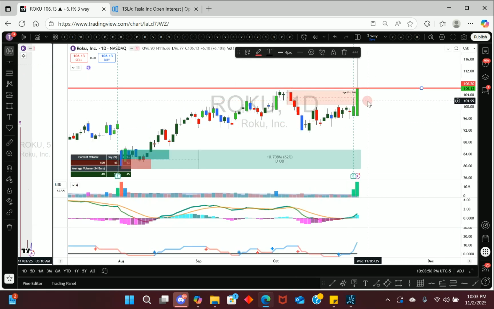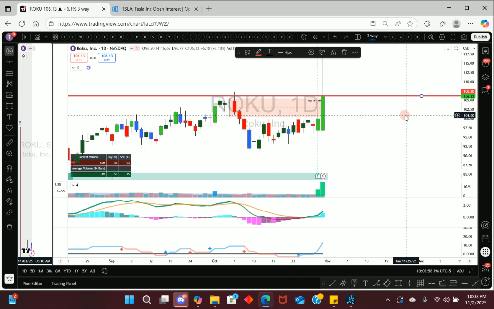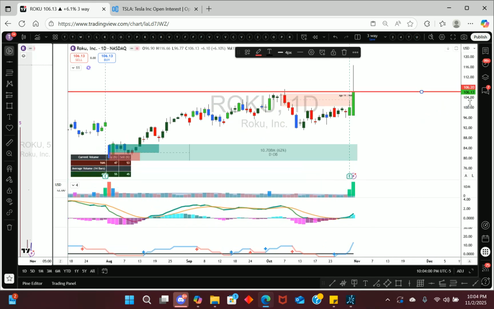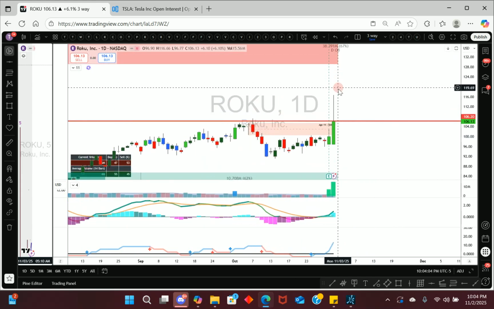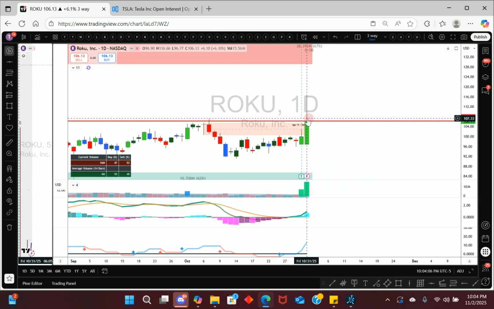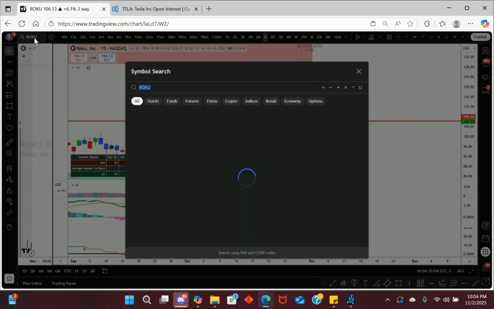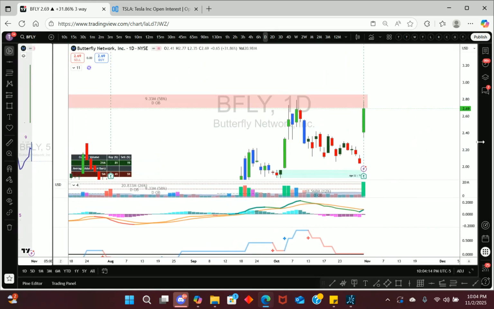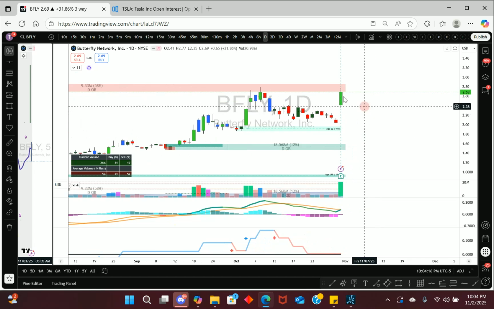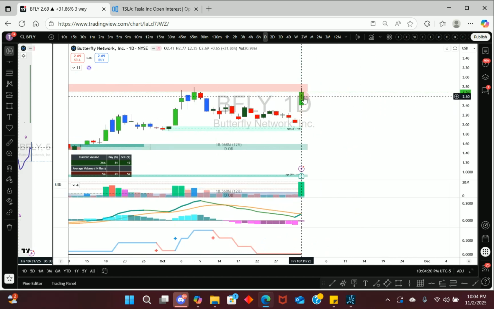Now, again, this is not financial advice, okay? I'm just looking and speculating on trades that are coming up. And so right here is the next order block. So I would wait for price to come up above this to see if this goes any further. Another one I did like was Butterfly. So his scanner brought up Butterfly, a nice, big, huge gap up.